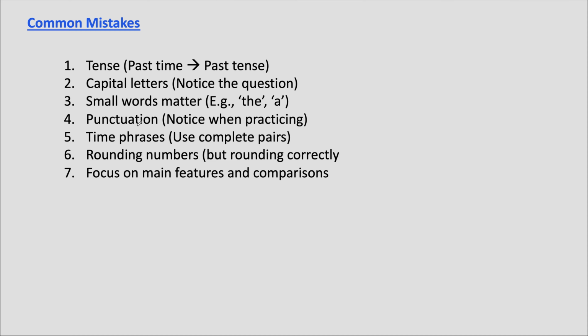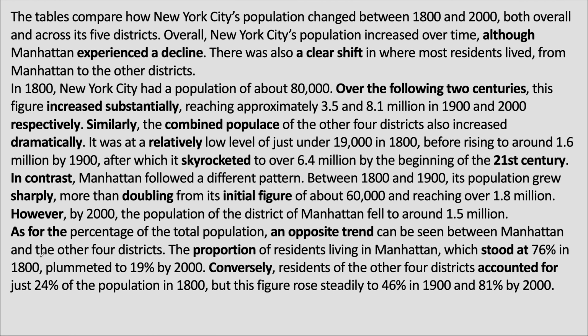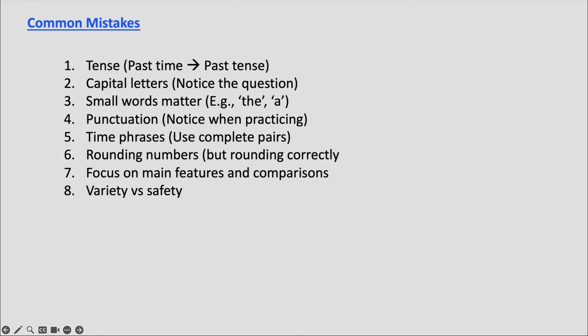Remember that task 1 is about main features and comparisons. Notice how we compared the total population, then other districts using similarly, and later using in contrast. That's what the task is really testing, how you compare the data and how you report the main features. And finally, vocabulary variety is important, but accuracy is more important.